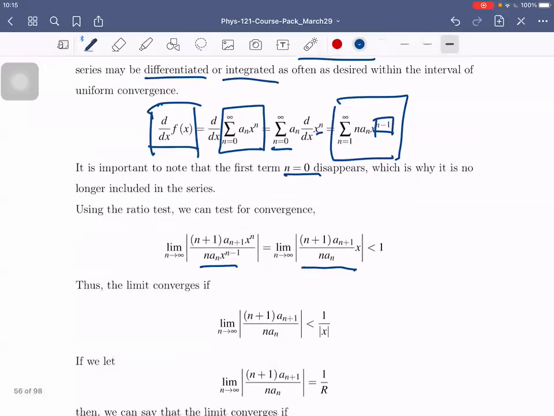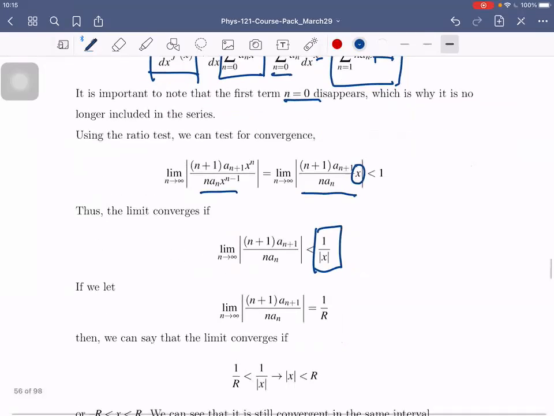So if we take the limit, so tandaan nyo, yung x, huwag nyo kakalimutan, ililipat mo sa kabila, so magiging ganito. So this particular limit should be less than 1 over absolute value of x. And of course, if we let absolute value of x equals r, then we have this limit of convergence.